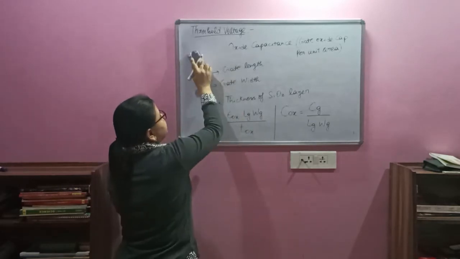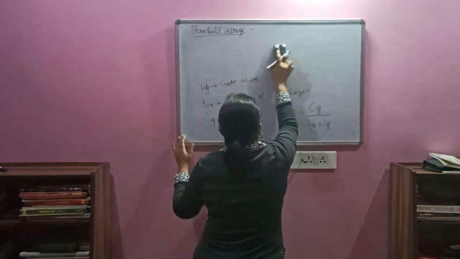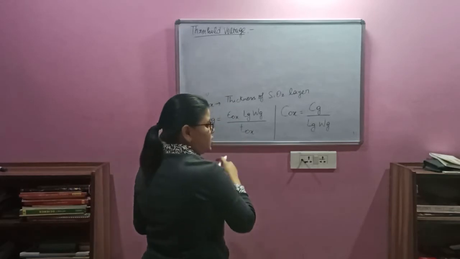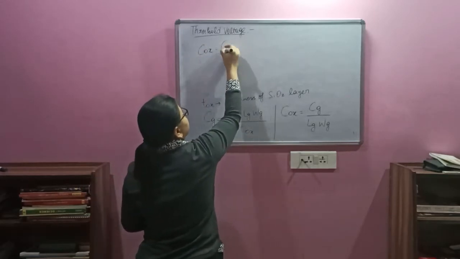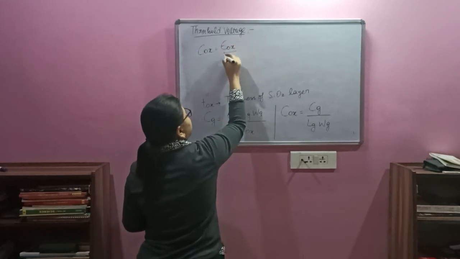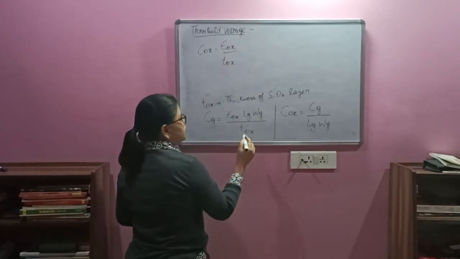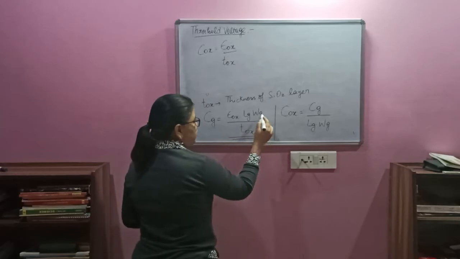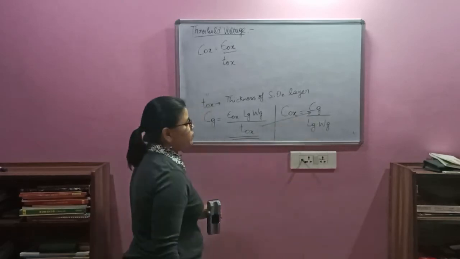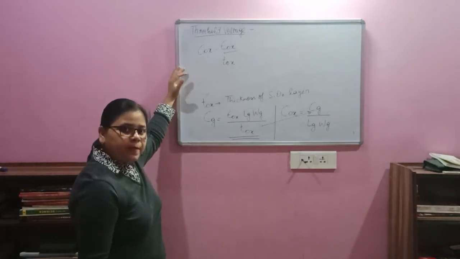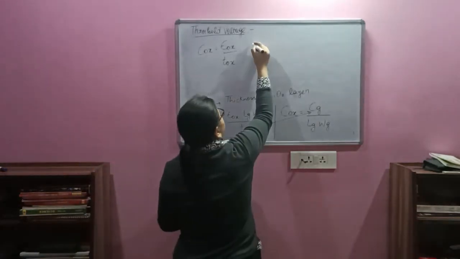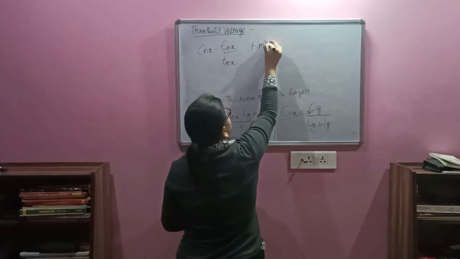So now moving further, Cox is then given as epsilon oxide upon T oxide. Using this equation and replacing this over here, we will get oxide capacitance equal to epsilon oxide upon T oxide farad per meter square.